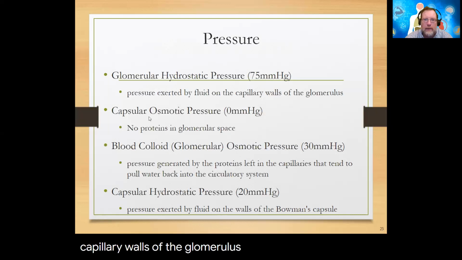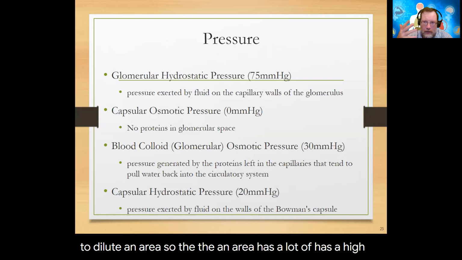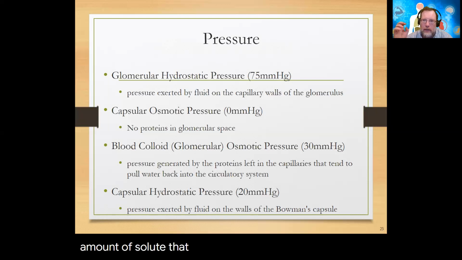There's something called capsular osmotic pressure. Osmotic pressure has to do with the ability of water to move somewhere to dilute an area. If an area has a high amount of solutes, then osmotic pressure is going to be high as water is trying to move to dilute that area.